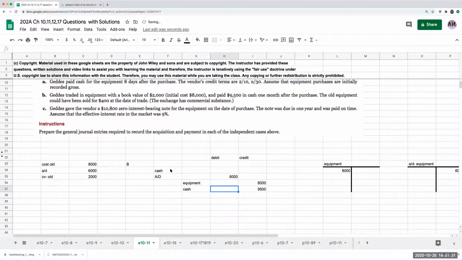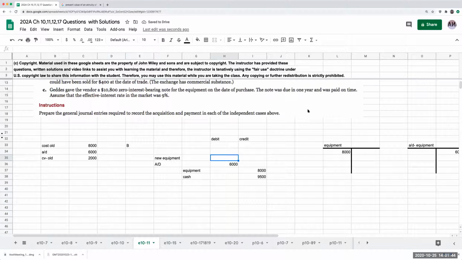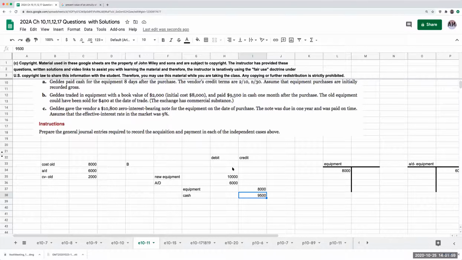And at the same time, because I'm acquiring this, I'm receiving new equipment, and we said that that new equipment has a list price of 10,000. So I got new equipment, worth 10,000. And then over here, I had to take the old equipment off my books and I'm paying cash. Those are all things we know for real.